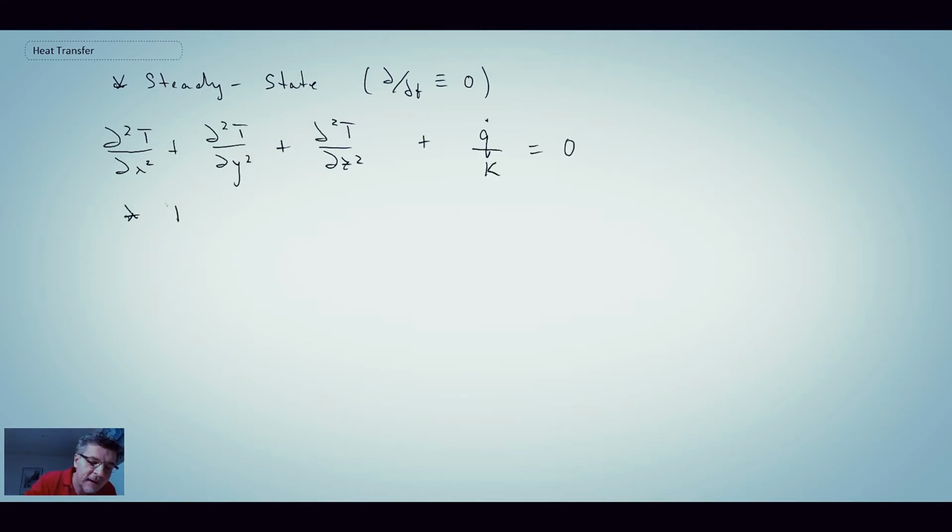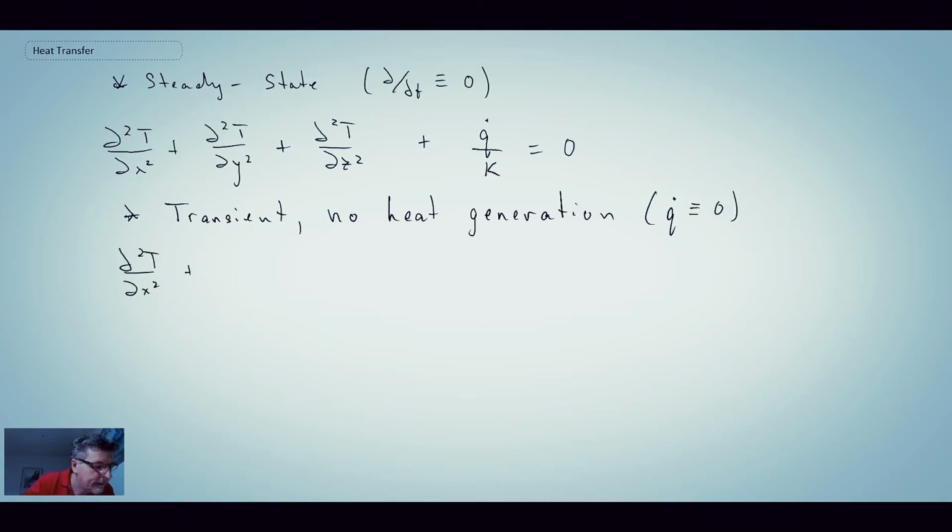Another simplification we could have is if we had a transient, so the time derivative remains, but no heat generation. And so that would be Q dot equals 0. Another simplification that we can have is steady state and no heat generation.